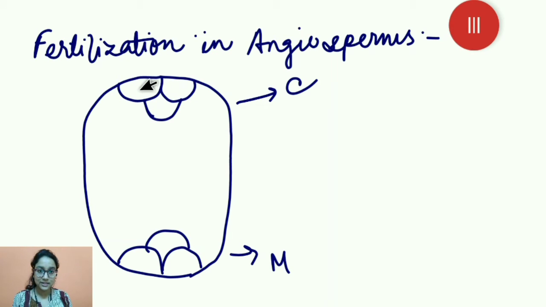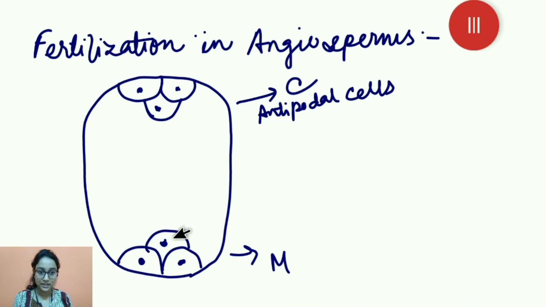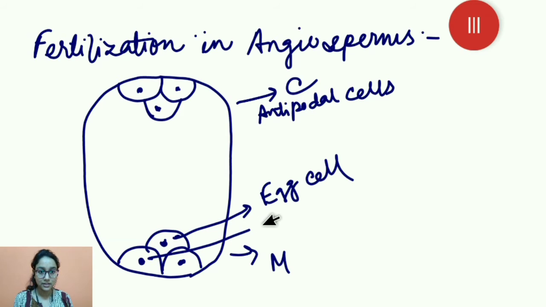In the chalazal end, there are 3 cells, all with nuclei, known as antipodal cells. Towards the micropylar end, one cell is known as the egg cell, and the other 2 are known as synergids.